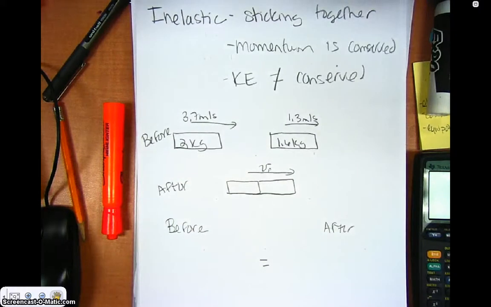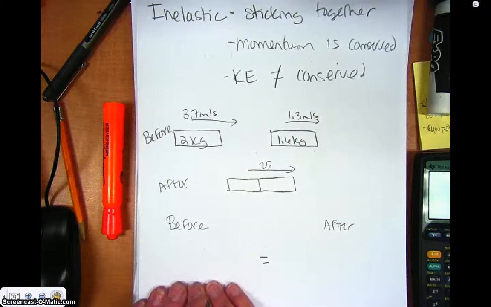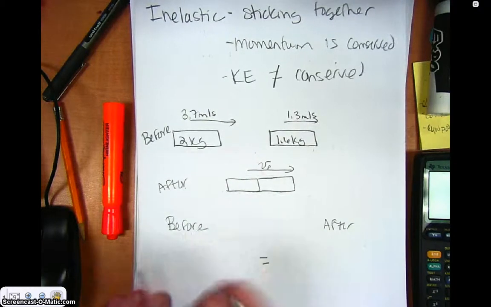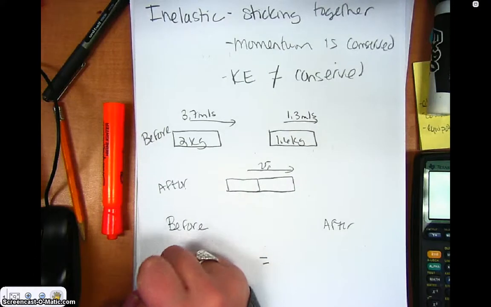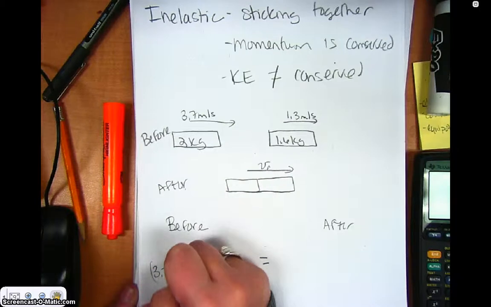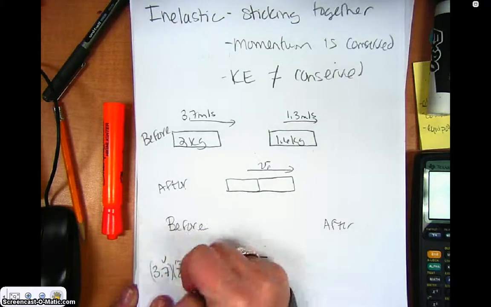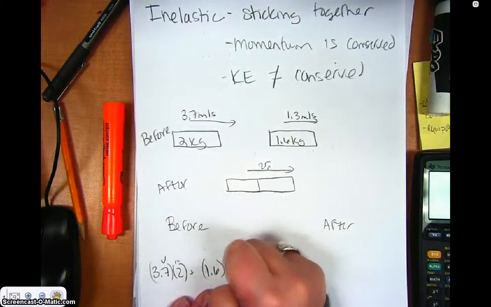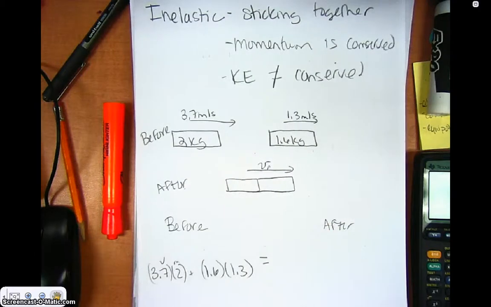So the momentum of both of the cars at the beginning has to be equal to the momentum of the system at the end. I'm going to have the mass times velocity of the first car, 2 times 3.7, and we're going to add that to 1.6 times 1.3. They're both going to the right, so we'll make that the positive direction.